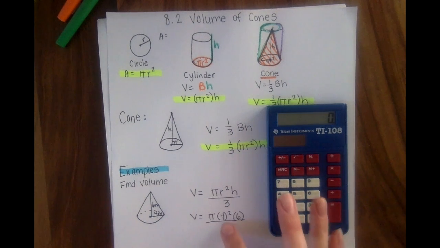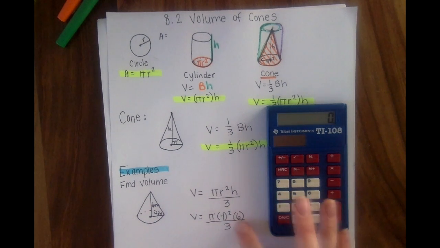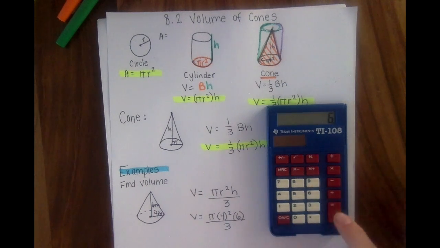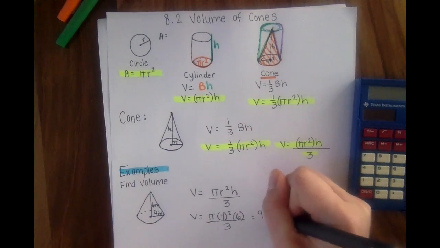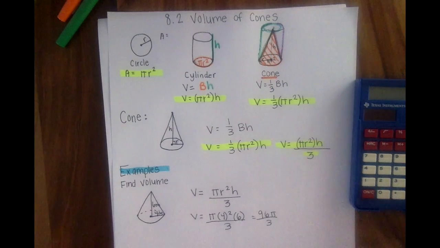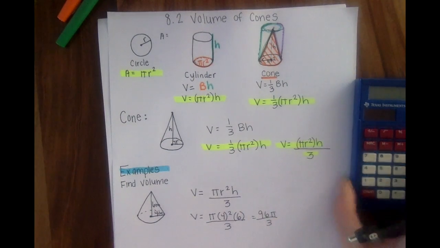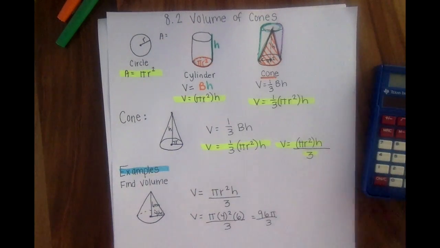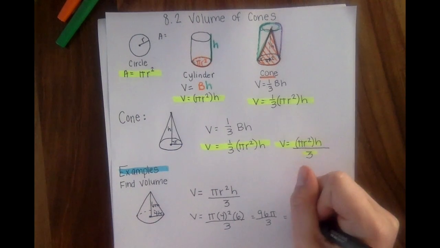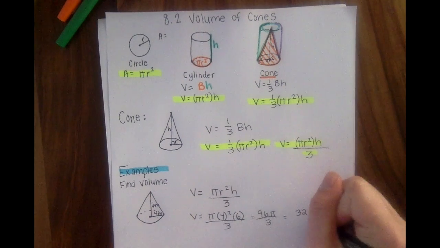And so 4 times 4 is 16. 16 times 6 is 96. And then I can say this is 96, so that's equal to 96 times pi over 3. And then, well, 96 divided by 3 is 32. This would then end up equaling 32 pi.